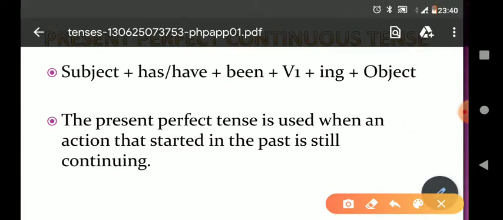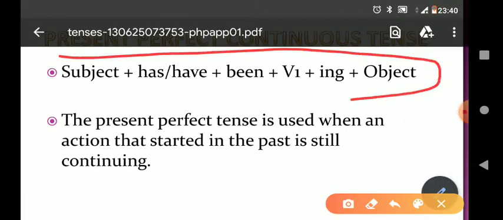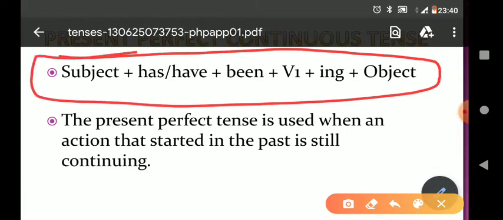Now this is the rule: subject plus has or have plus been plus v4 plus object. v1 plus ing is known as v4. I have told you the use of has and have.